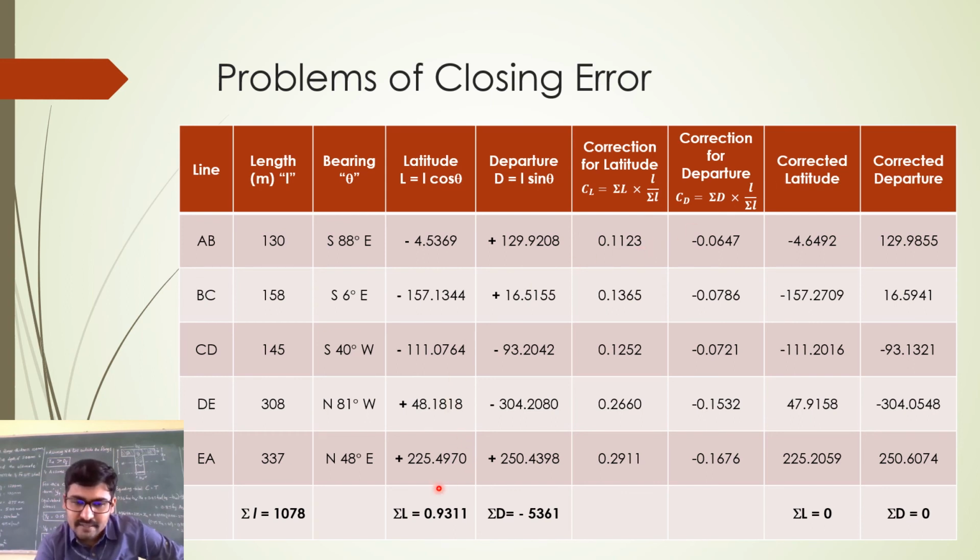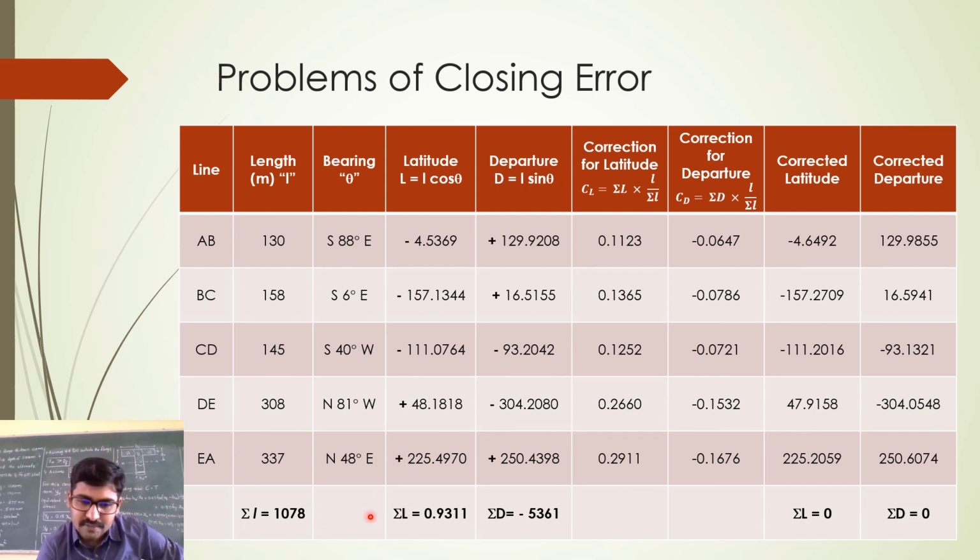So look at the sign for summation L. This is the error, right? So if the error is positive, then the correction will be negative. Remember this. So this latitude minus correction will give you this corrected latitude. Understood what I am saying?